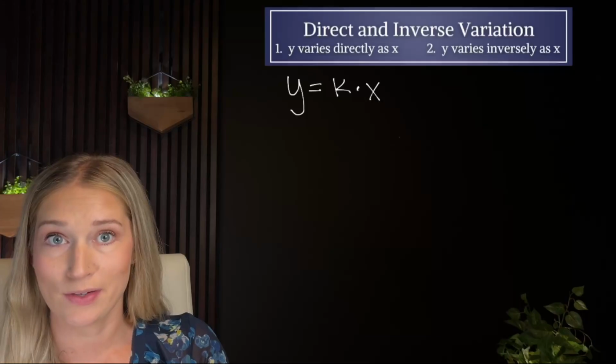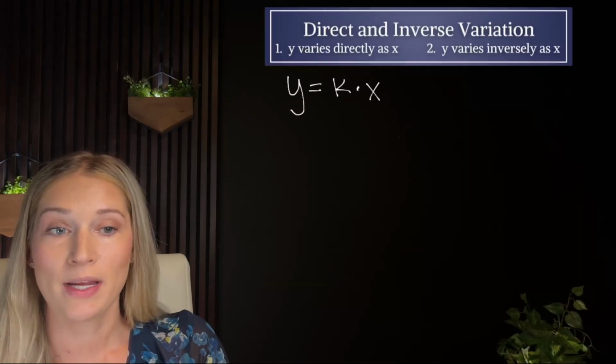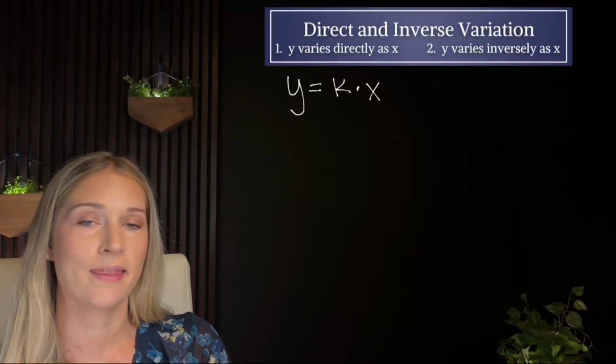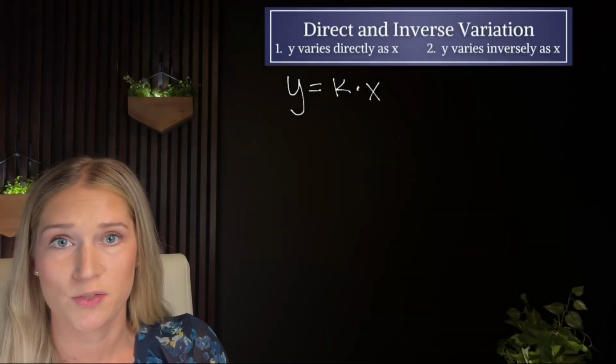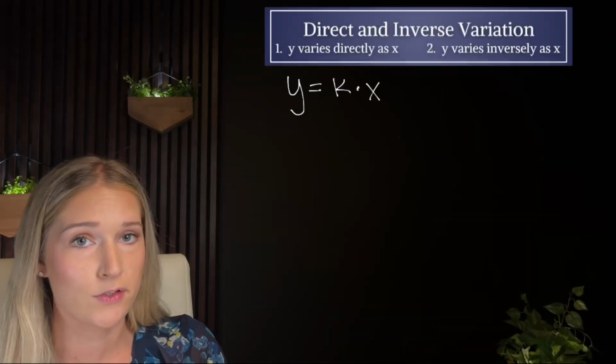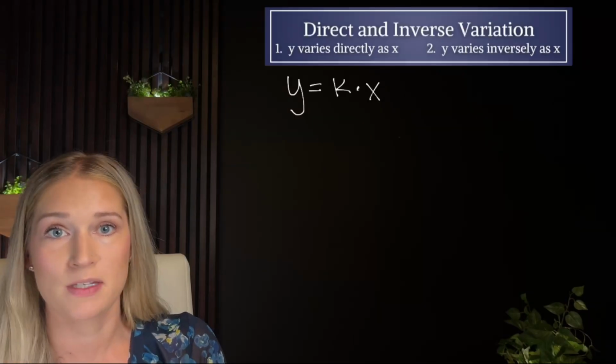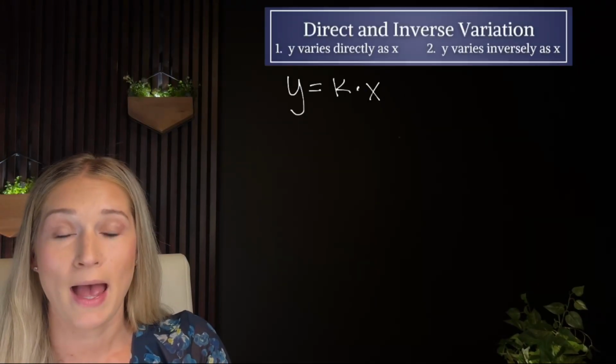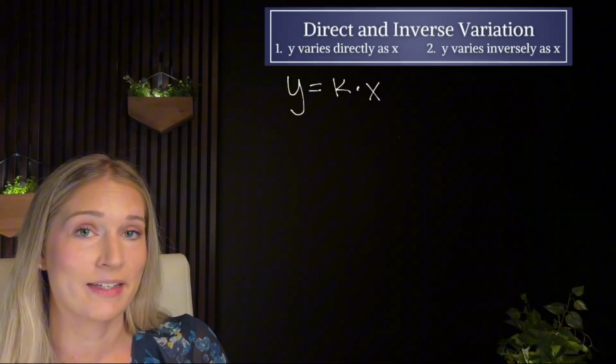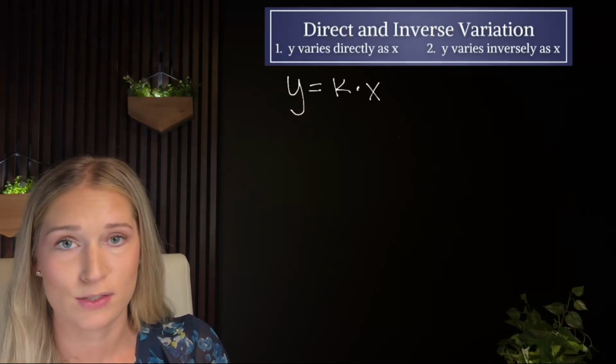Now, inverse variation is the opposite. We have one thing increasing and the other thing decreasing. So maybe you're sharing a bunch of cookies with friends. You've got 10 cookies and a few friends, and you're going to divide up these cookies among your friends. So how much cookie everybody gets depends on how many friends you have.